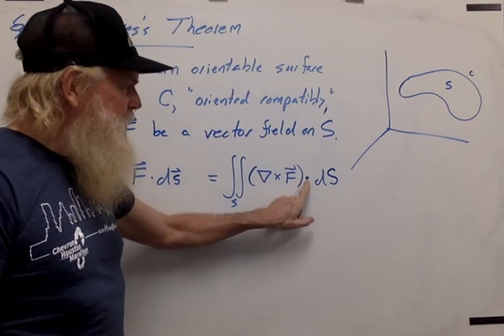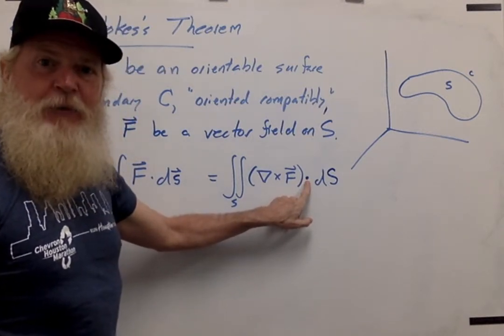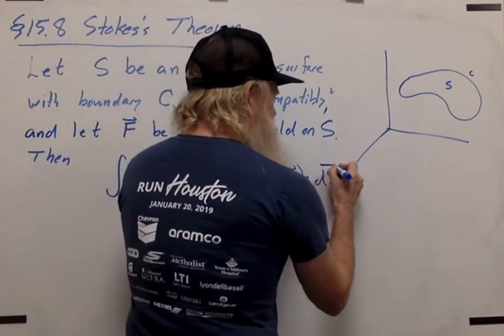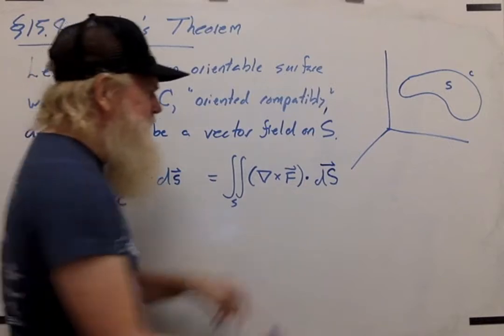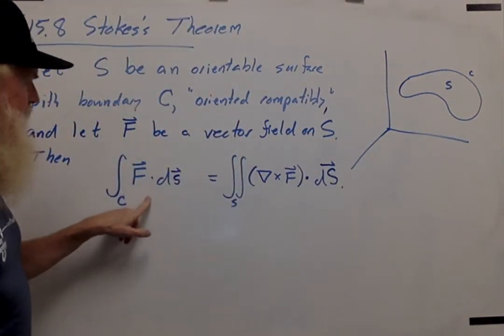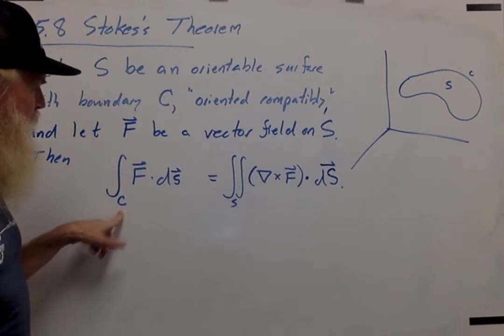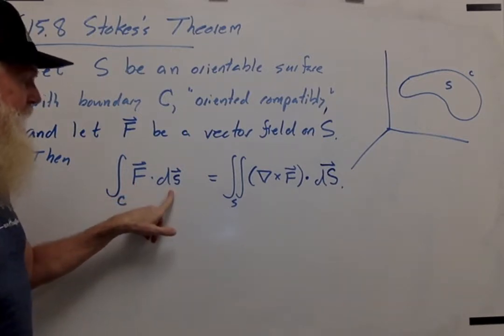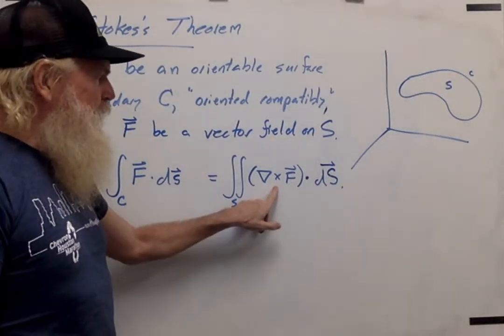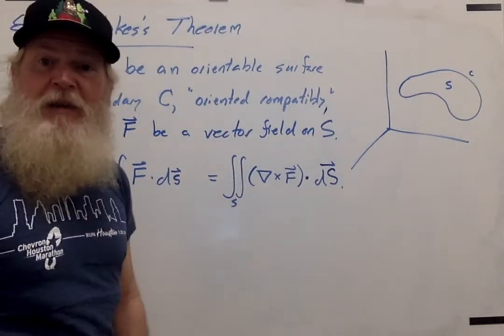And last of all, if I need to carry out a dot product here, I need to dot a vector with a vector. So this one needs to be big vector ds. So putting it together, Stokes' theorem says that the integral over the boundary curve of F dotted with little vector ds is equal to the integral over the surface of the curl of the vector field dotted with big vector ds.